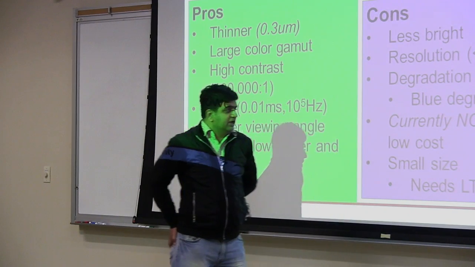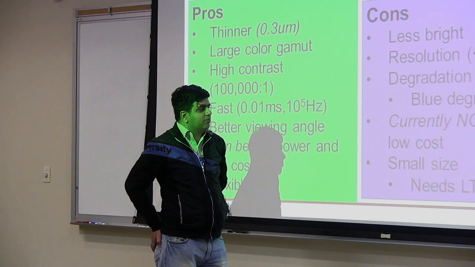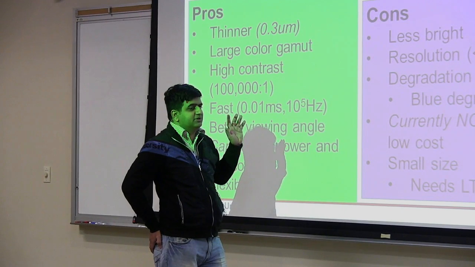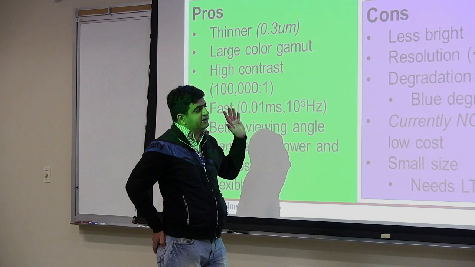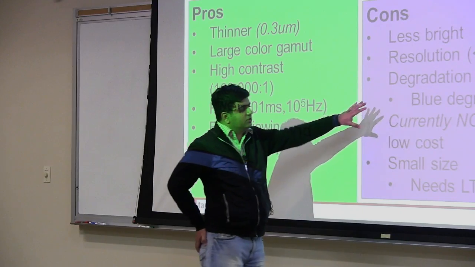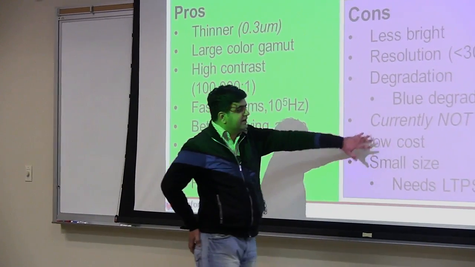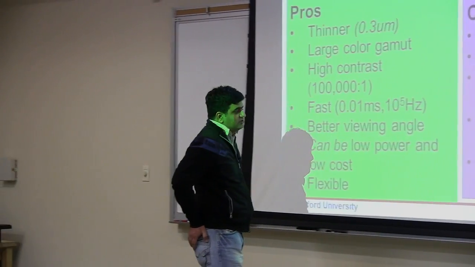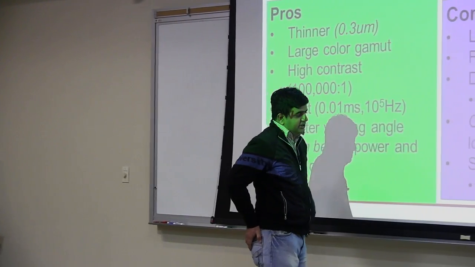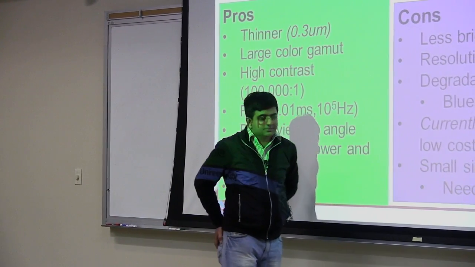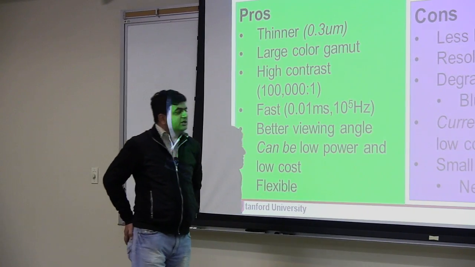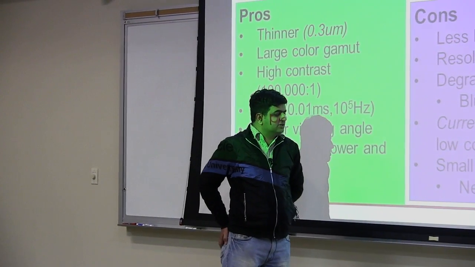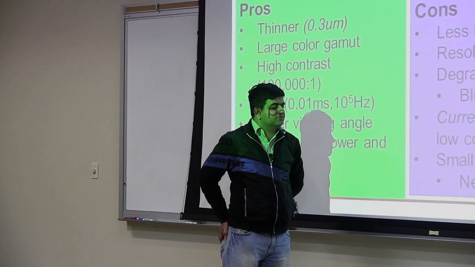That's why you intentionally shift your white balance to the blue side when you ship the display. So when you ship the display, you ship it with a white balance centered around 7,500 Kelvin, because your blue is known to degrade over time. Currently, they are not as low power, as I'll show you, and they are not low cost either. Another thing is the maximum size is currently limited, and in fact, it's most prevalently used only in your smartphones.